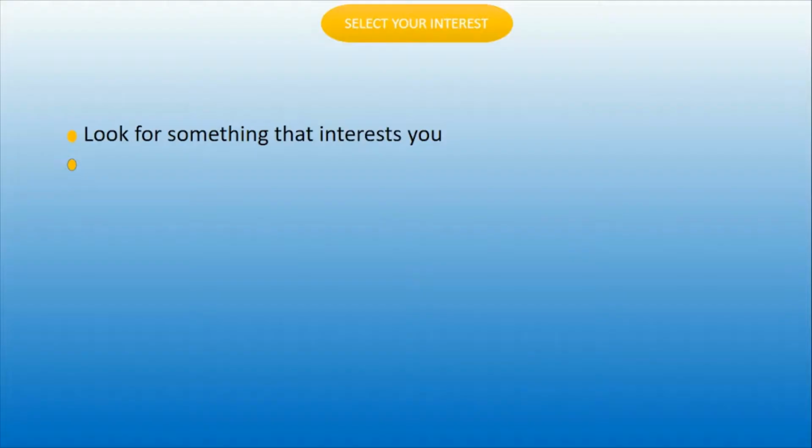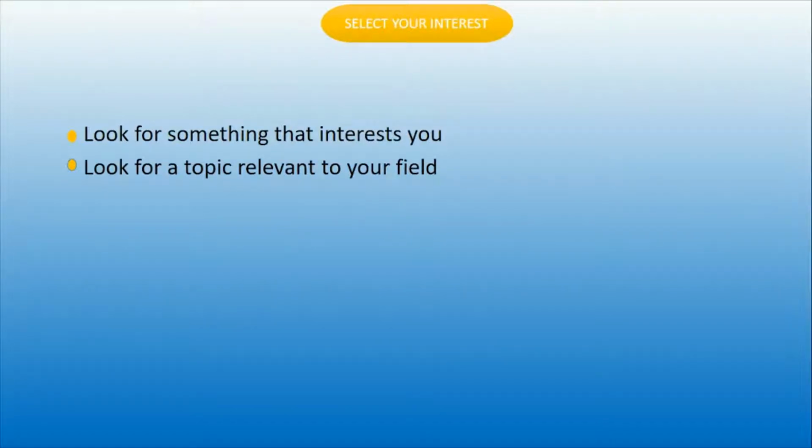Now, if you are a student, like most of us, then you have to write on a topic that is relevant to your field of study. What are you studying at your college or university? That which you are studying is what should help you formulate a topic apart from what you're interested in.